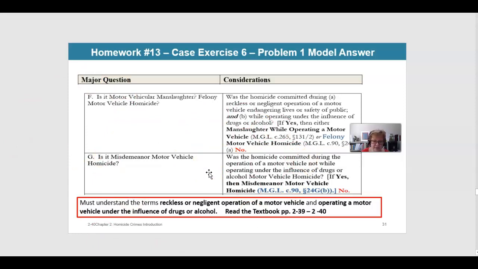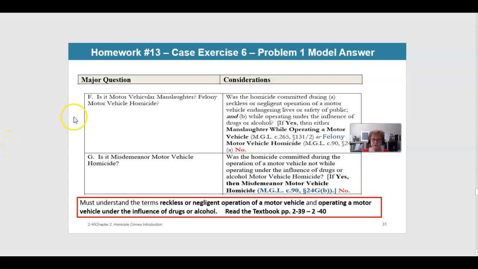That having been said, the step-by-step analysis of homicide crimes will be used in all of the homicide case exercises, and you will have homicide exercises on felony murder, on the second type of first-degree murder, on voluntary manslaughter, involuntary manslaughter, and vehicular homicide.